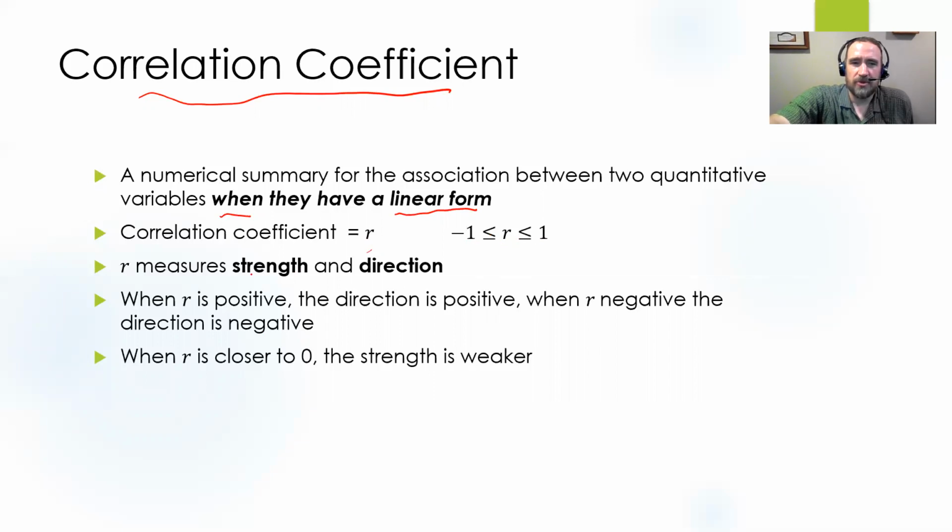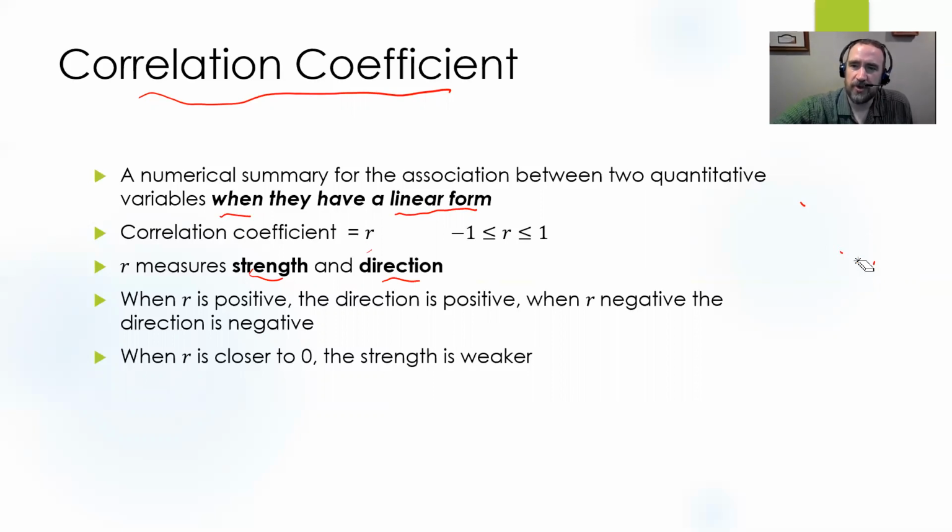R measures both strength and direction. Direction's the easy one. When R is positive, the direction is positive. So if I have those dots going uphill like this, that means that correlation is going to be a positive number. If I have a negative direction, if my scatter plot is indicating more of a downhill, then that's going to be a negative number for R.